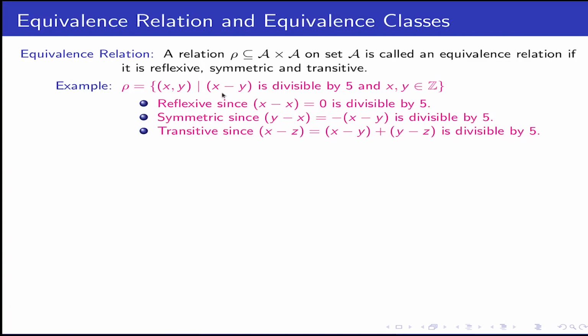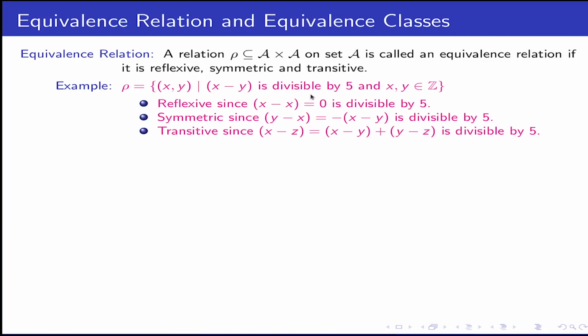Symmetric, because if x minus y is divisible by 5, then obviously y minus x, which is minus of x minus y, since it is from the set of integers, positive and negative, should also be divisible by 5. Transitive: x minus z is nothing but x minus y plus y minus z. I have taken x, y in my relation and y, z in my relation, so x and z is also divisible, since each of them is divisible by 5. So these three hold.